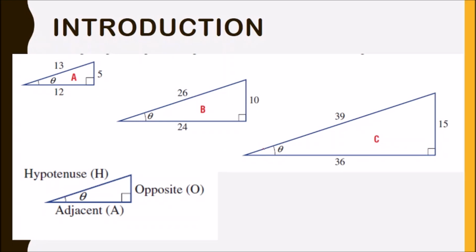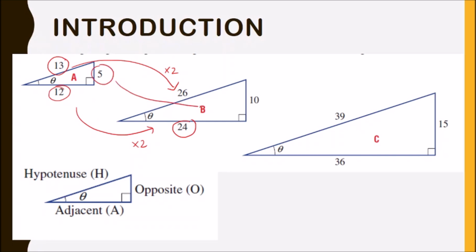It's consistent between the three triangles. Now if you have a look at the sides, if we look at the bottom one, 12, if we started off with 12, they times 2 to get 24. That means they probably did times 2 up the top. So 13 times 2 is 26. 5 times 2 is 10. And that's how we get it.